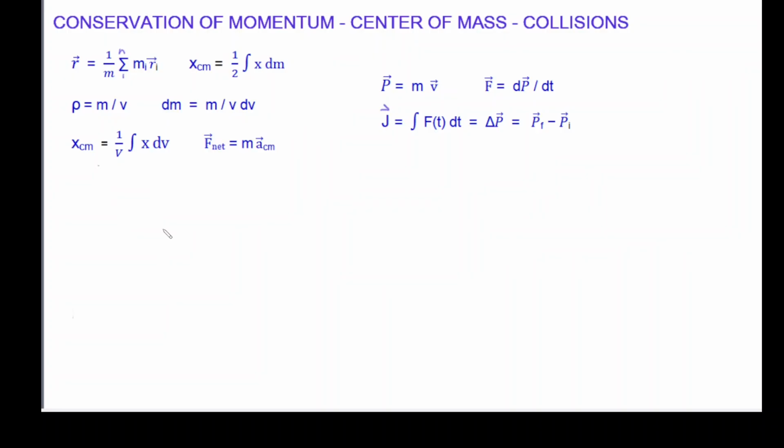Now, there are some shortcuts we can take. If an object has a point, line, or plane of symmetry, then the center of mass will fall on that point, line, or plane. So you may not need to integrate and find the center of mass in all three axes.